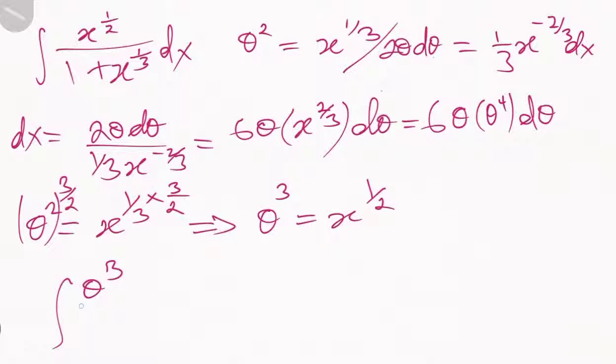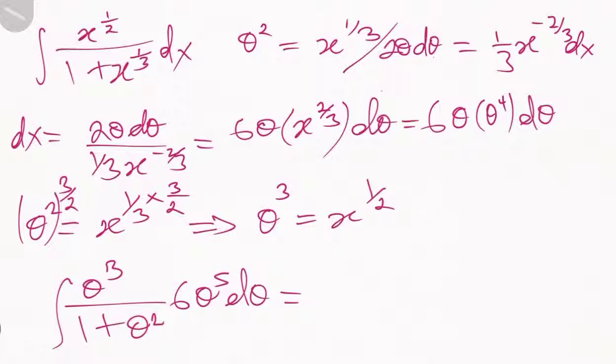Theta raised to power 3 over 1 plus x raised to power 1 over 3. What is x raised to power 1 over 3? X raised to power 1 over 3 is just theta squared. And what is dx? dx is just 6 theta raised to power 5 d theta.